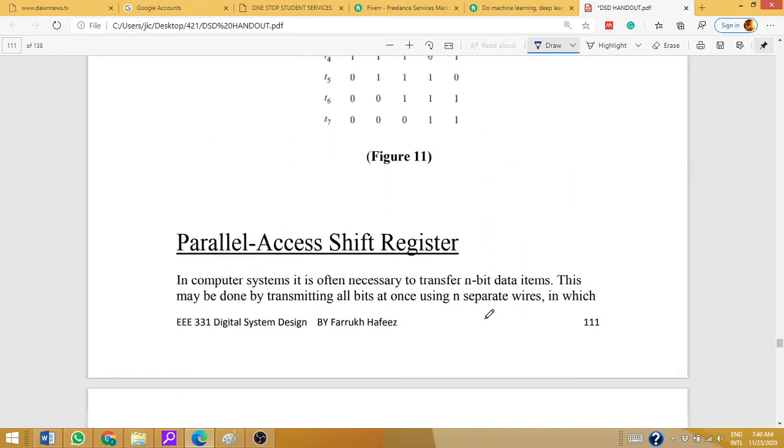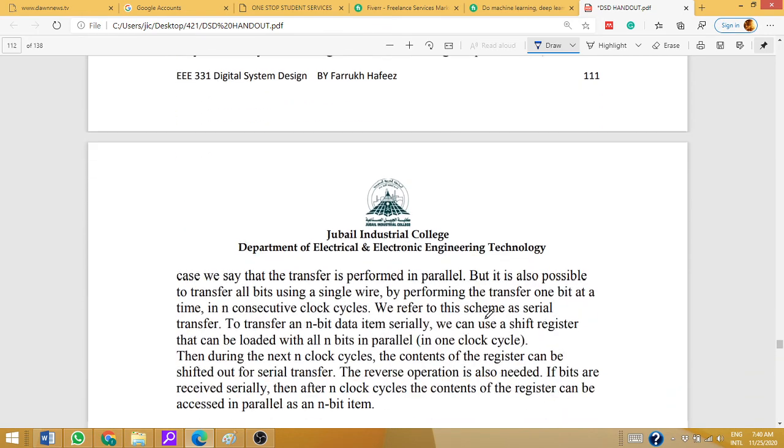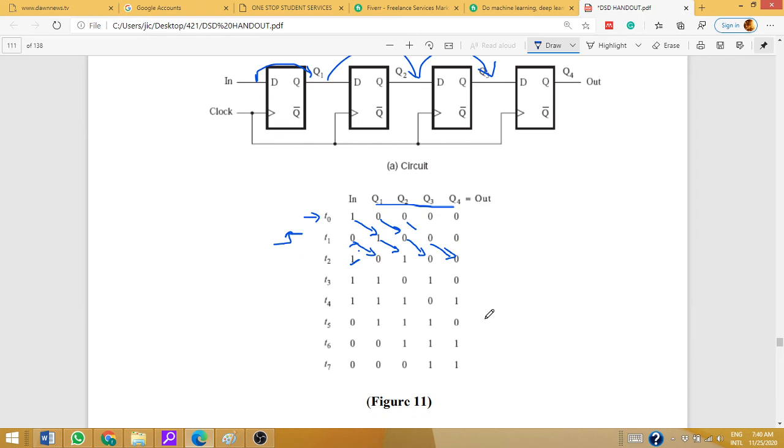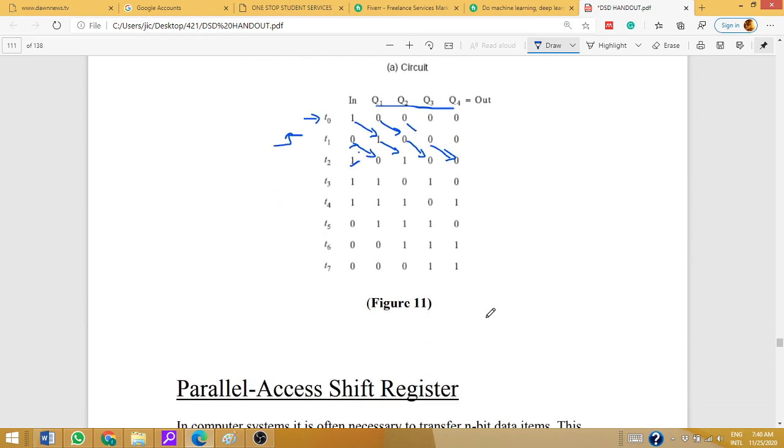I think it's enough for today. We are stopping here because it would be too many things. Next week will be your quiz.